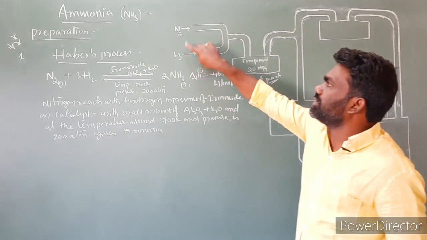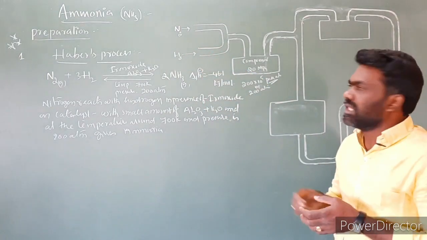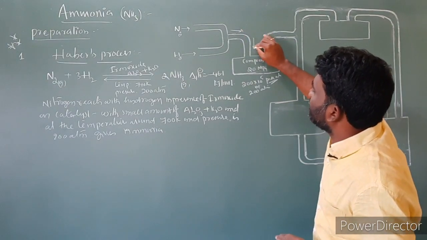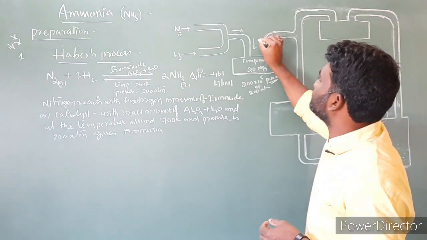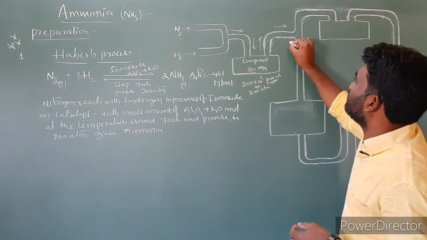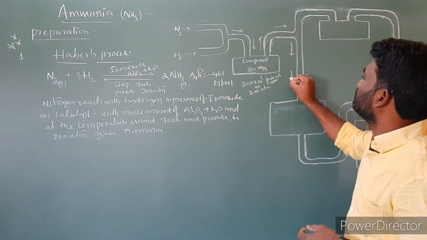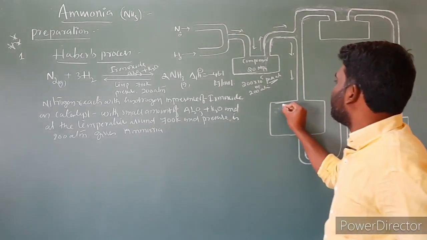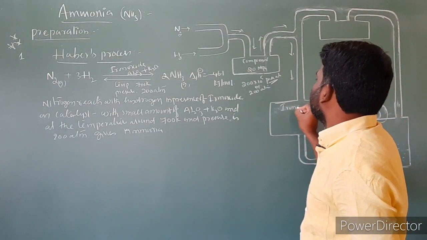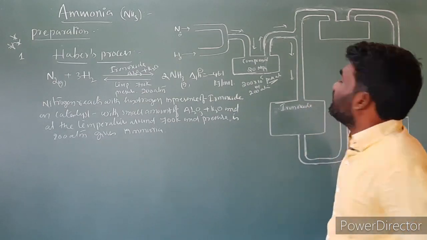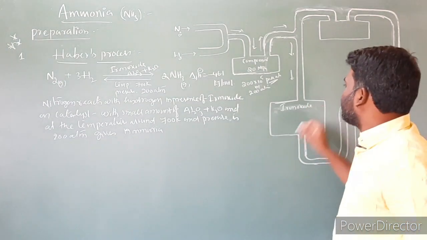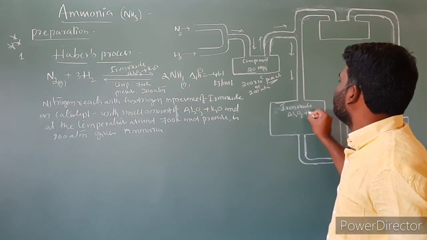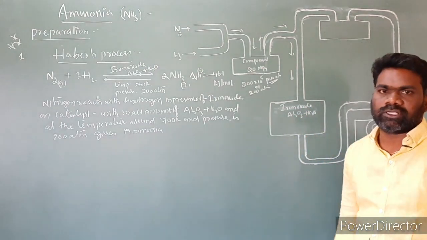So the nitrogen and hydrogen gas get compressed. After compression, the gas is passed into another chamber that contains iron oxide catalyst with a small amount of Al2O3 and K2O.